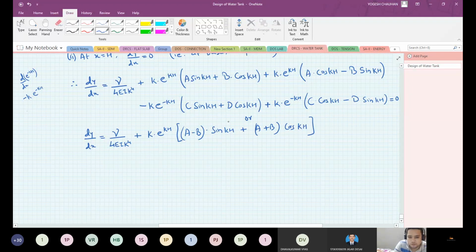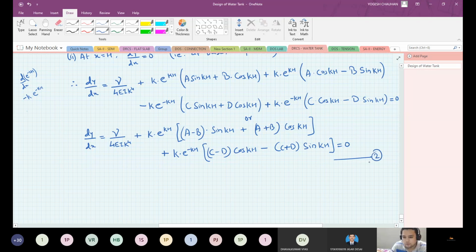In the same way for the other term, it will be minus k times e raised to the power minus kh into the bracket (c minus d) cos kh minus (c plus d) sin kh equals 0. So mark this as number 2.